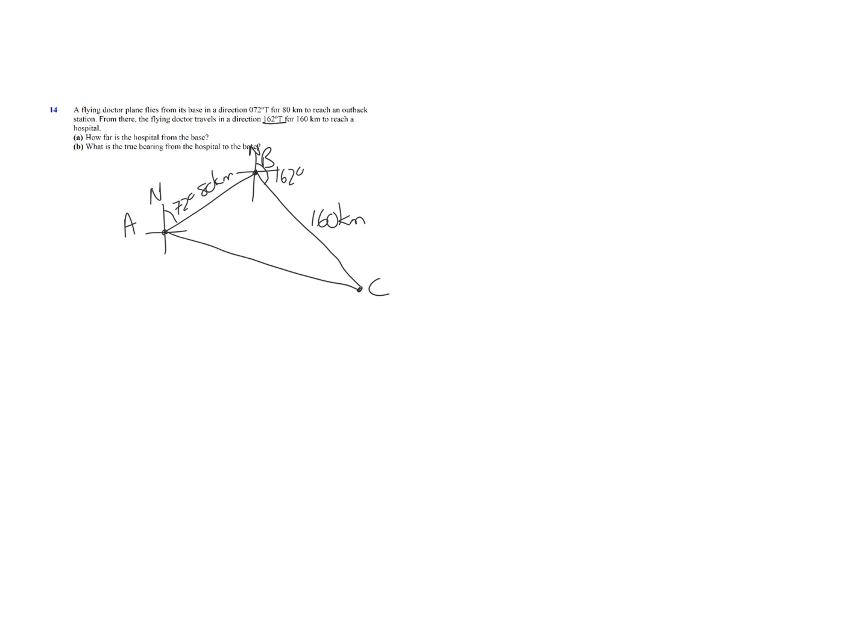First question, how far is the hospital from the base? Call it X. So that is distance AC is what I need to calculate. In order to work out AC, I'm just going to draw in green a few right angle triangles. Drawing in one here, I'm going to call that point D. Why do I want this triangle?